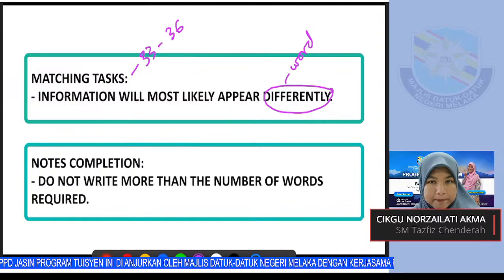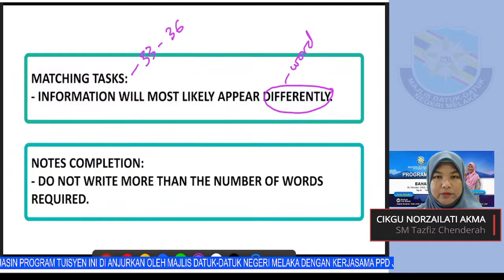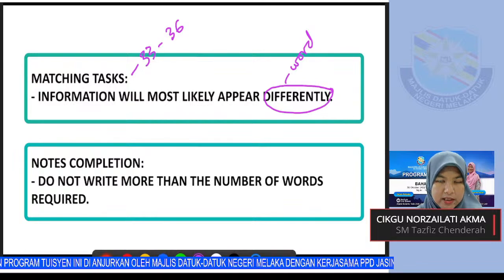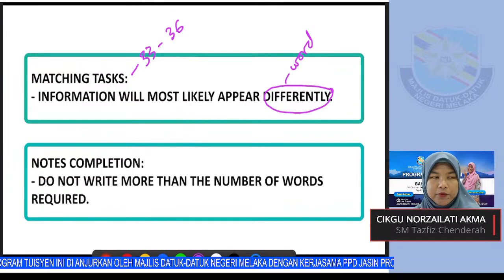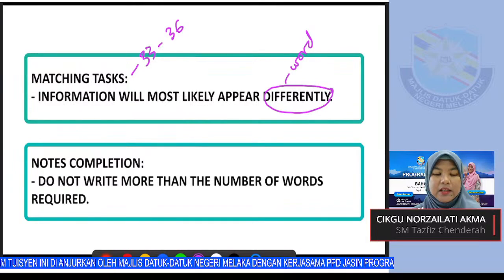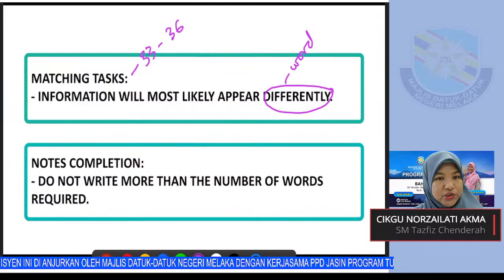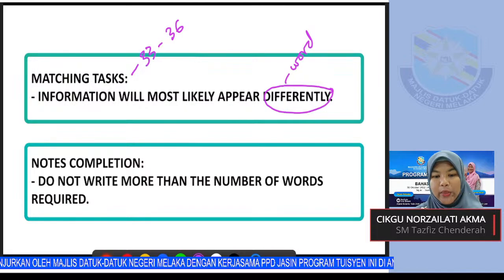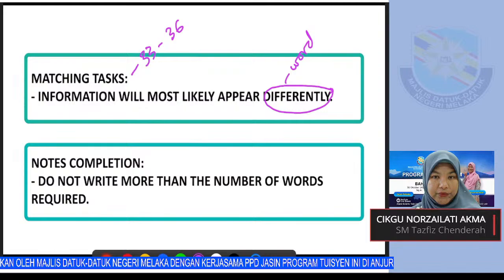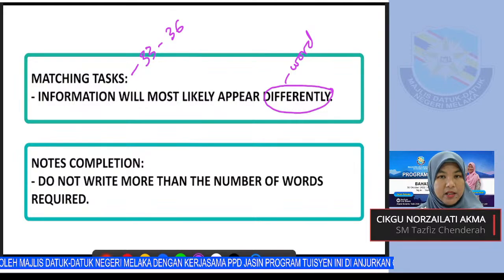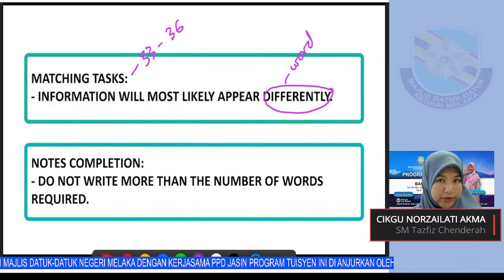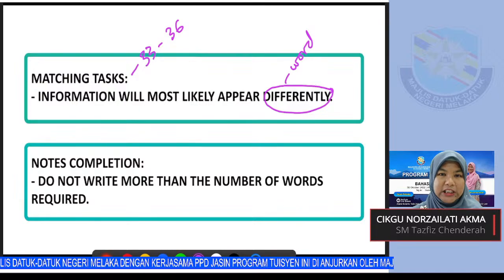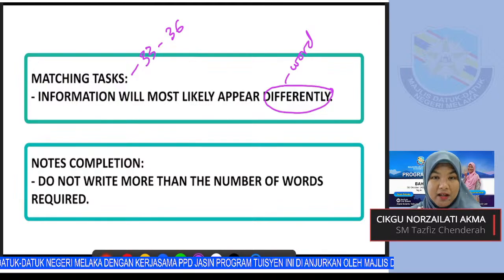It uses synonyms. So you need to study more on your synonyms. You need to use a variety of vocabularies. And for notes completion, you need to be very careful not to write more than the number of words required. As I mentioned earlier, if you write more than one word, that will obviously be a wrong answer.